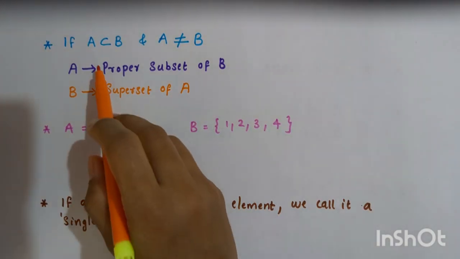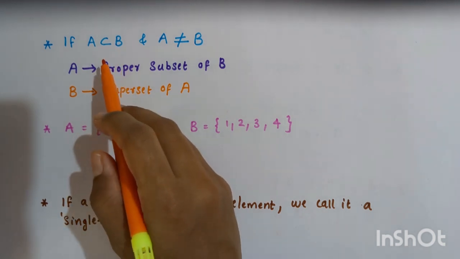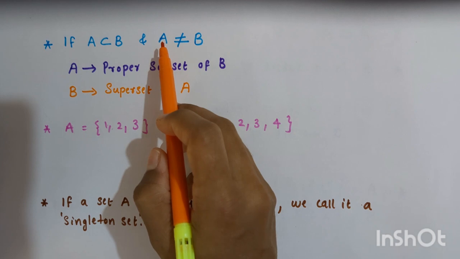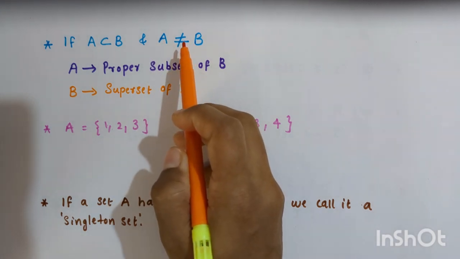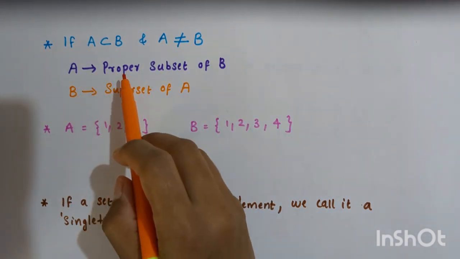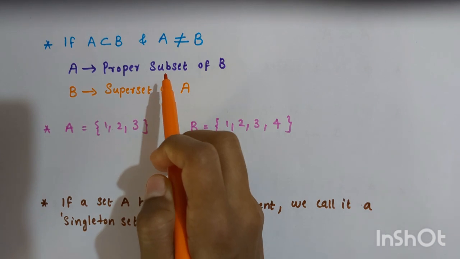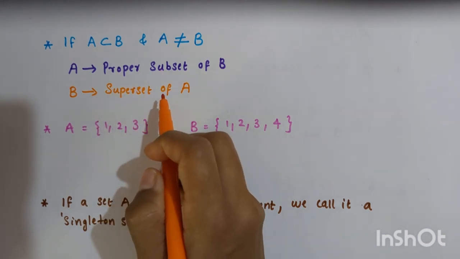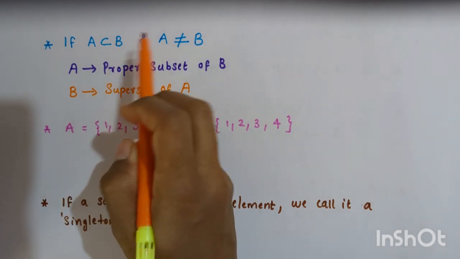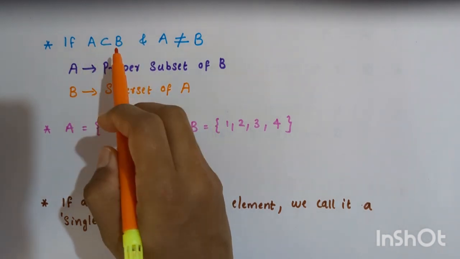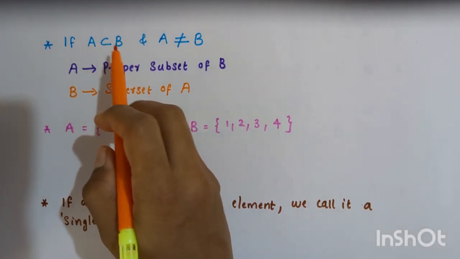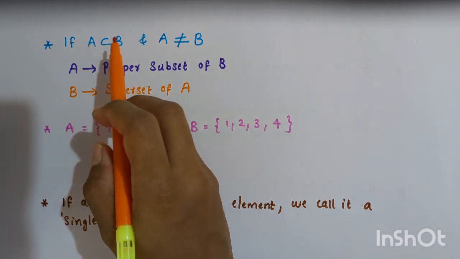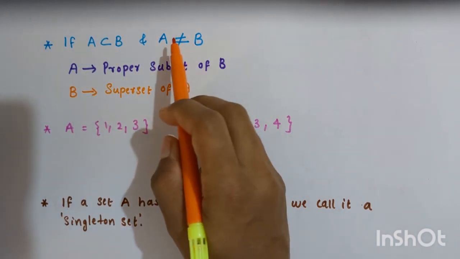Now let A and B be two sets. If A is a subset of B and A is not equal to B, then A is called a proper subset of B and B is called a superset of A. That is, we are considering two sets A and B such that A is a subset of B. All the elements in A are also there in B. But A and B are not equal sets.